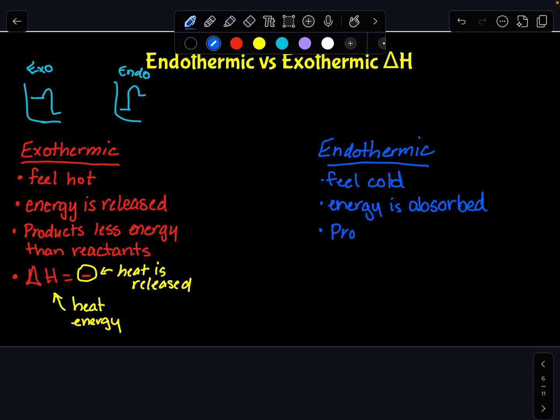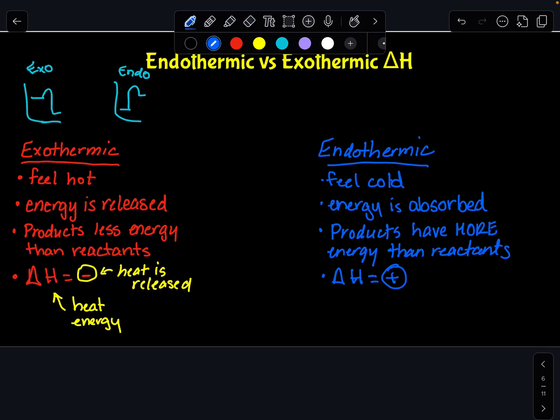The products have more energy than the reactants. And finally, the delta H, or the change in heat energy, will be positive. And that positive sign indicates that we put heat or energy into the system.